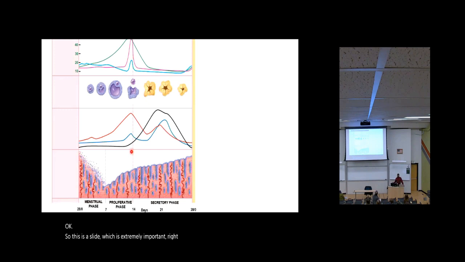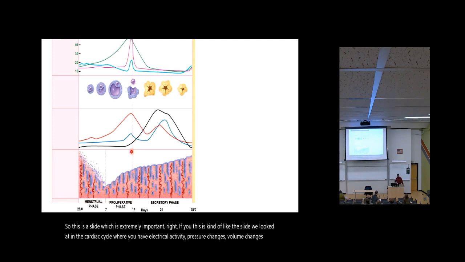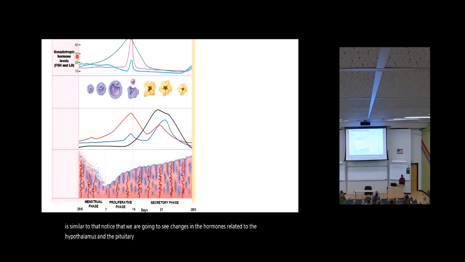This is kind of like the slide we looked at in the cardiac cycle, where you have the electrical activity, pressure changes, volume changes. This is similar to that. Notice that we are going to see changes in the hormones related to the hypothalamus and the pituitary gland in this first panel.